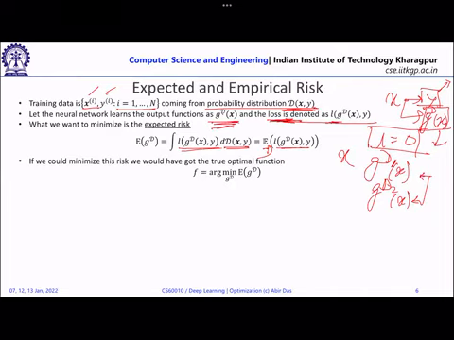I would be more doomed if I made a good dog classifier but a bad cat classifier. Does it at least connect to why we need a distribution here? To summarize the last 2-3 minutes: I need to minimize the expected risk, and to find the expectation of the risk, we need the probability distribution.